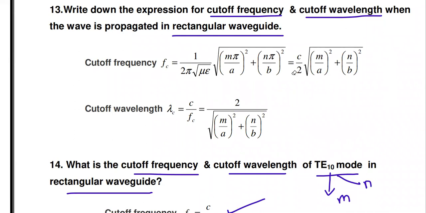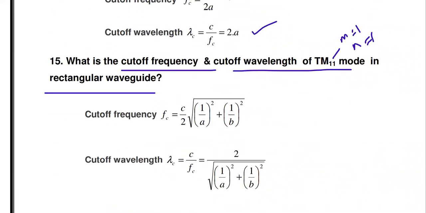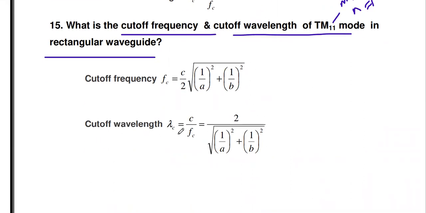The cutoff frequency is c by 2 square root of (1 by a)² plus (1 by b)². Similarly, cutoff wavelength is c by fc, so c divided by this formula, c cancels: 2 by square root of (1 by a)² plus (1 by b)². This is the cutoff wavelength formula.